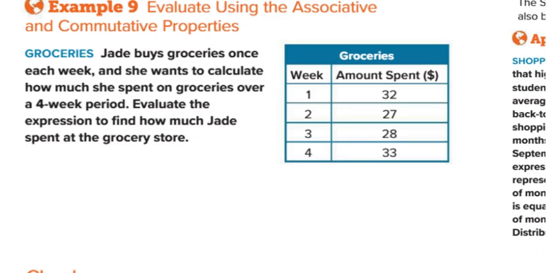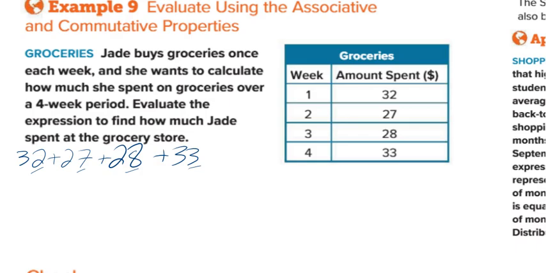Last two examples here. So it says evaluate using the associative and commutative properties. Jade buys groceries once each week, and she wants to calculate how much she spent on groceries over a 4-week period. Evaluate the expression to find how much Jade spent at the grocery store. So we have a total here, so we're going to go ahead and add all these up.